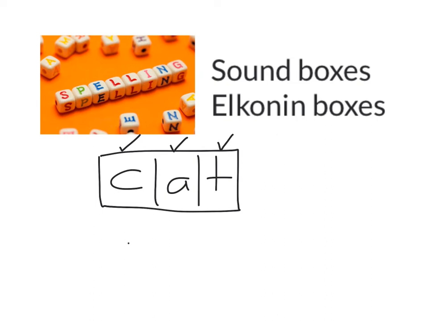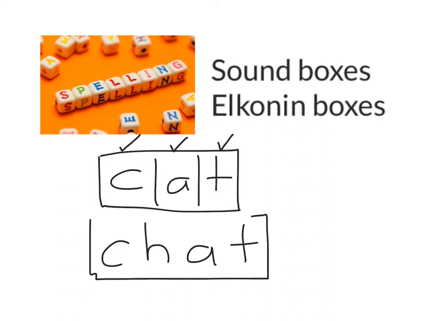If I had the word chat, that is also made up of 3 sounds: ch, a, t. So you could stretch the word out like bubblegum and do all the sounds that you hear in it.